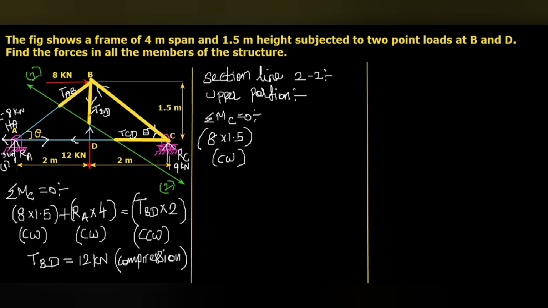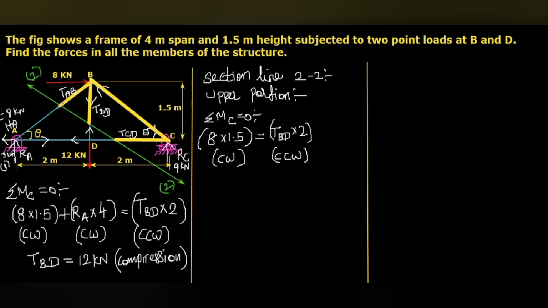Then the TBD, so TBD multiplied with this perpendicular distance 2 meter, TBD into 2. This is actually downward, so this will be counterclockwise. That I am going to substitute here, the perpendicular force TBD multiplied with 2, in counterclockwise.